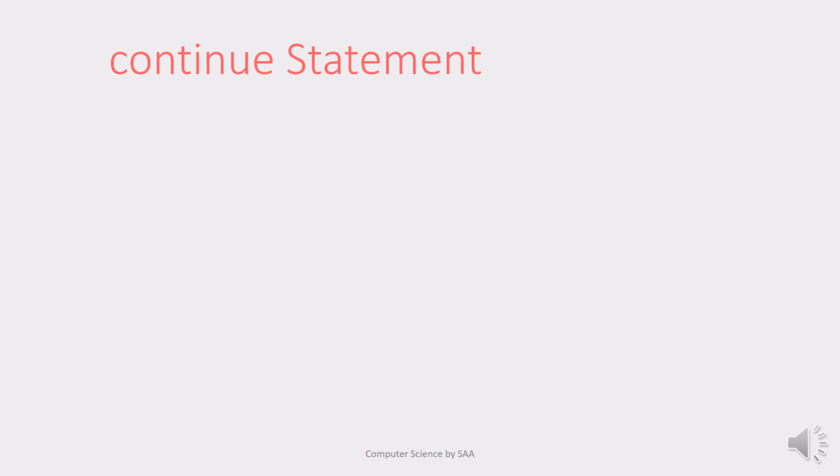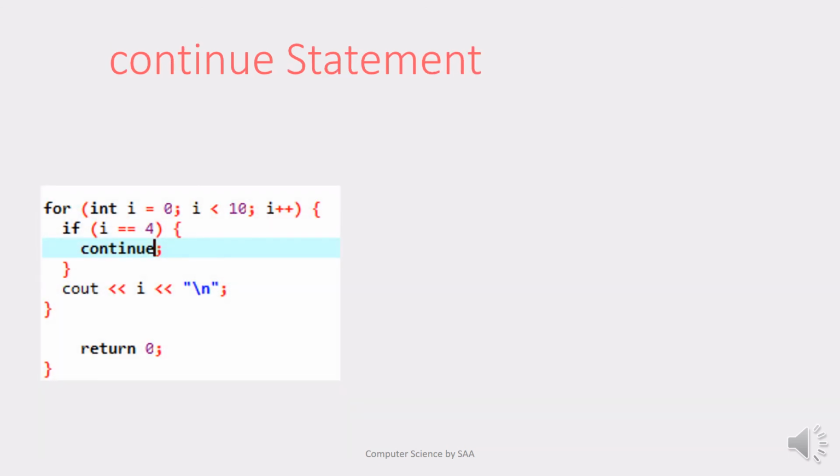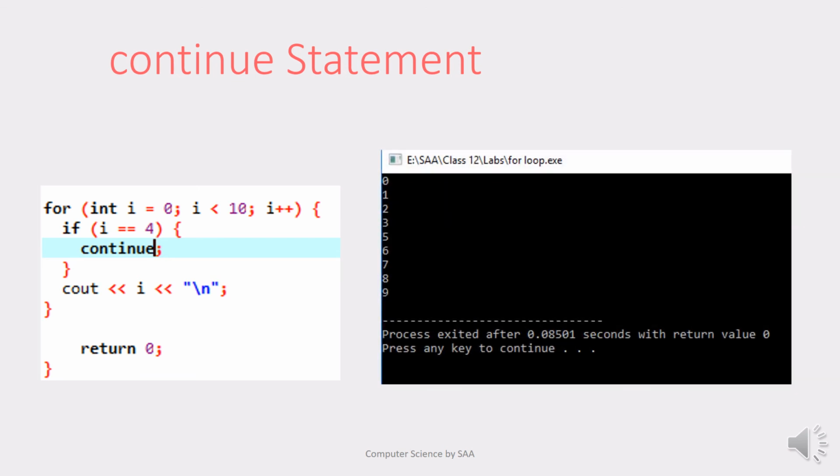Now, the same code is written with the continue statement. I have executed the same code with the help of a continue statement, again initialized with 0, then i is less than 10. Then what will be the output? When I executed it, what happened?